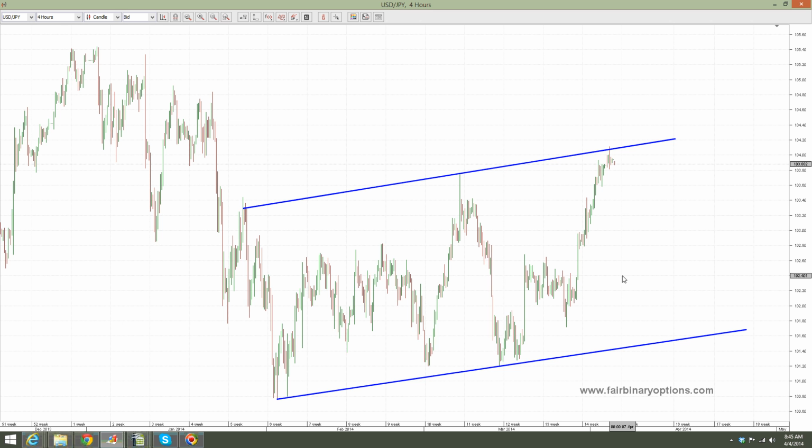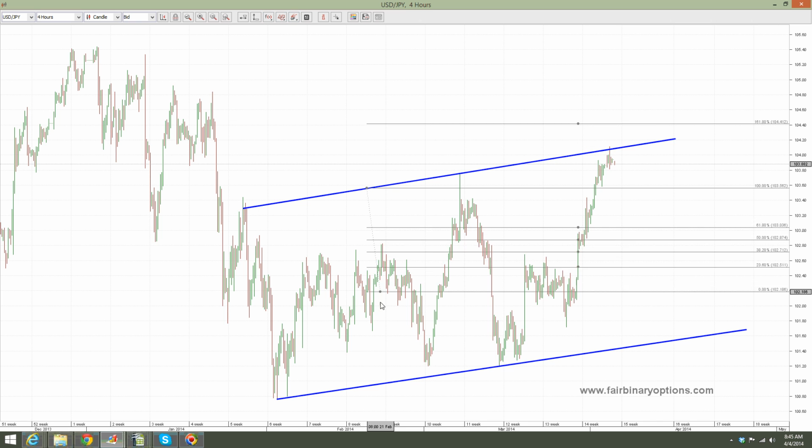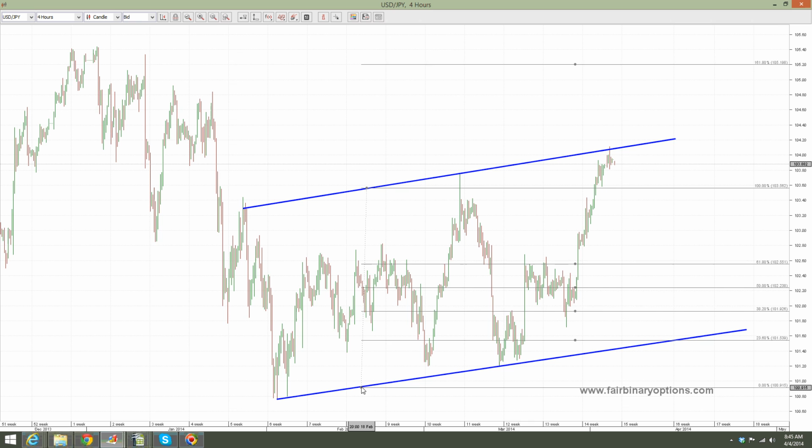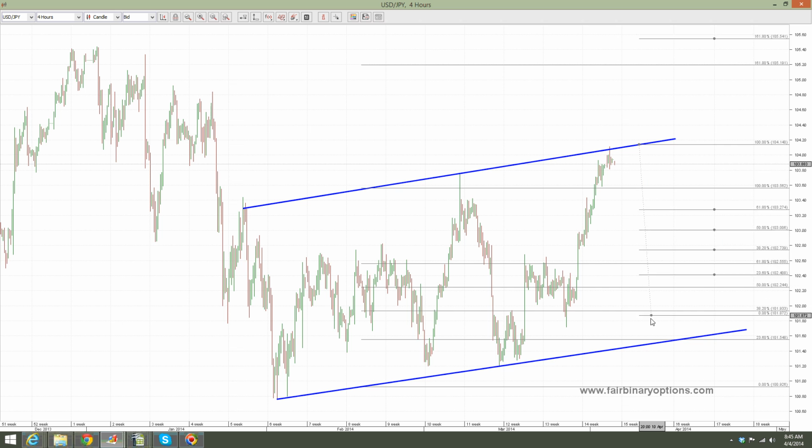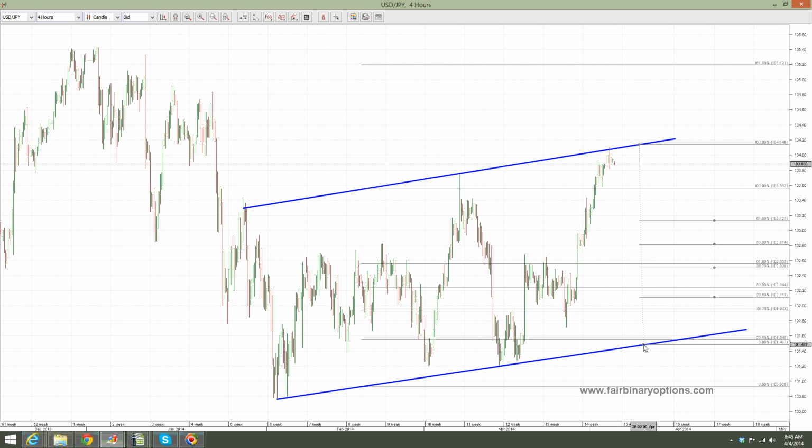Well, first of all, we should take a Fibonacci retracement and then measure the length of the channel, and then look at the 50% retracement here. So let's take another Fibonacci retracement, because we want to divide the channel into two equal parts, basically to have a range.